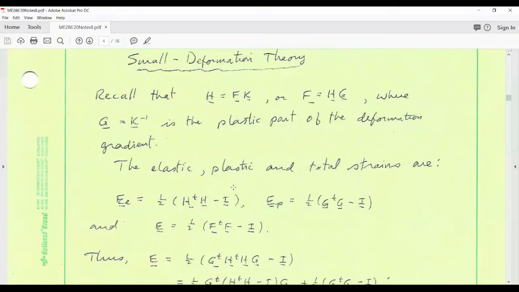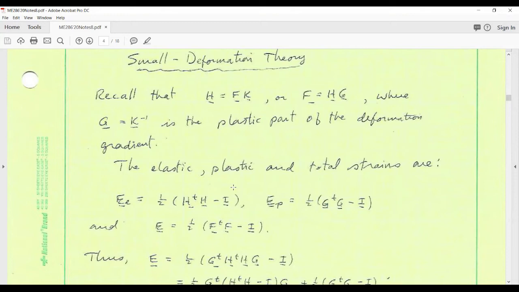Well, if that's not the case, if you don't have a large strain, if you have a small strain, then the elastic and plastic strains can be of comparable magnitude. So in that case, if you have a small deformation problem, which is quite often the case in engineering applications, then it would not make sense to neglect the elastic strain.